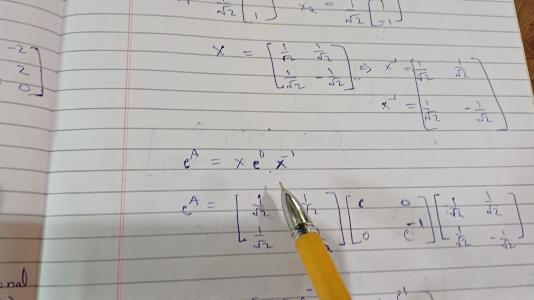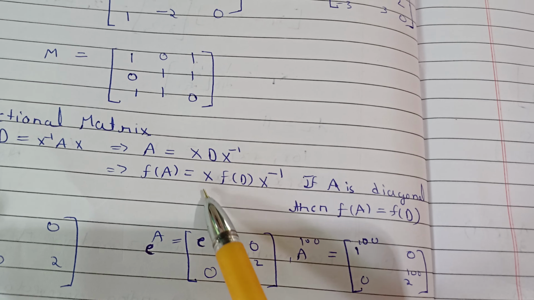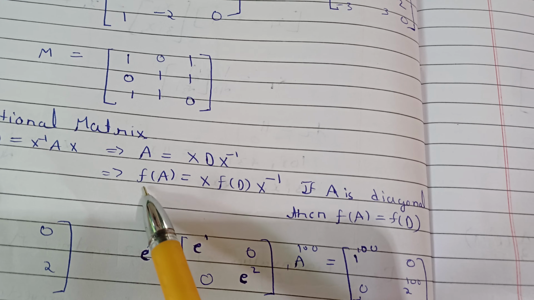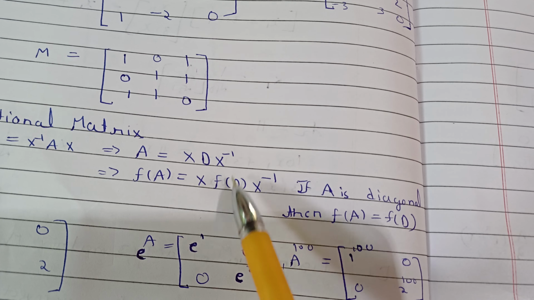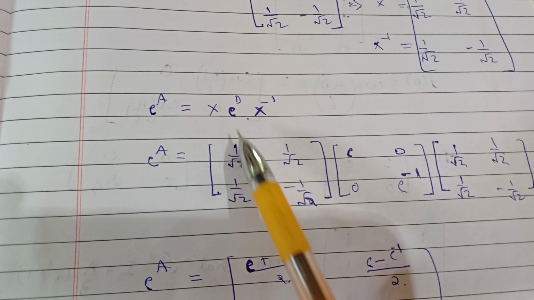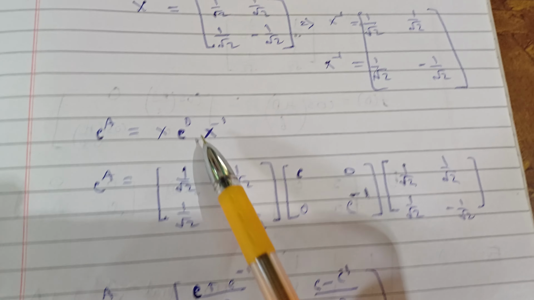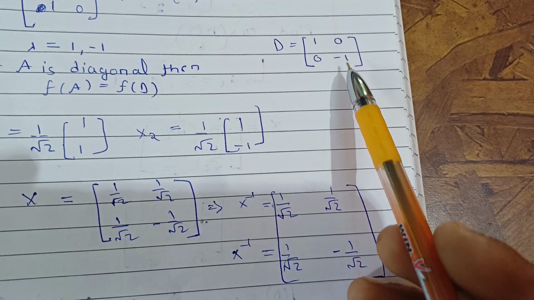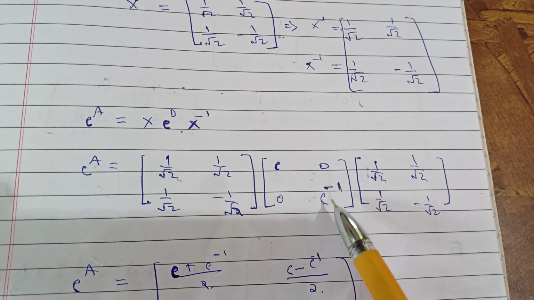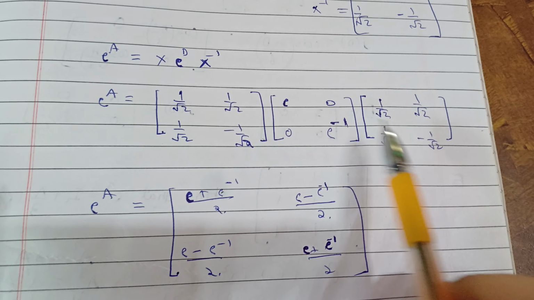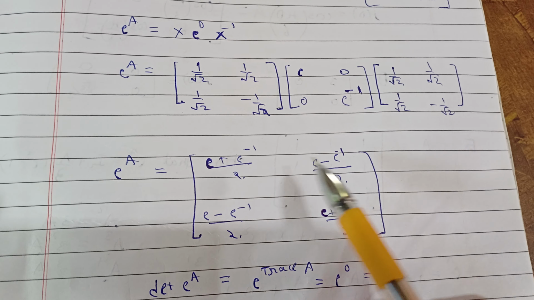Just remember this formula, because from f(A) equal to X f(D) X inverse, if we need e^A, then e^A equals X e^D X inverse. So now we have X, and e^D will be e^1 and e^minus 1 on the diagonal, and you have X and X inverse. Solve this, and you will get e^A as this.